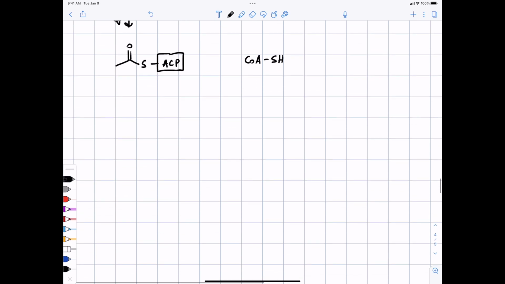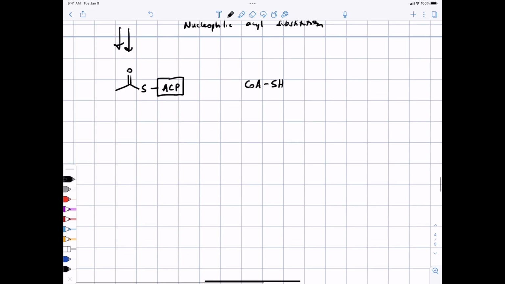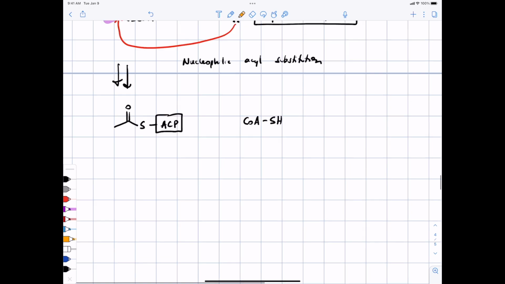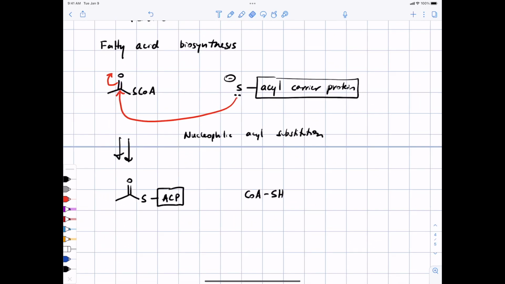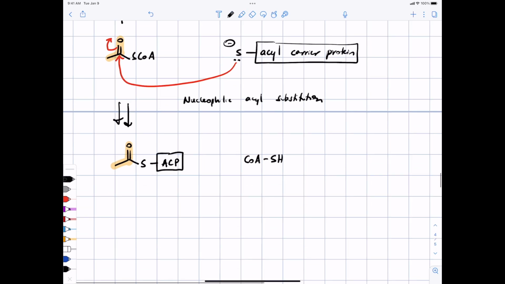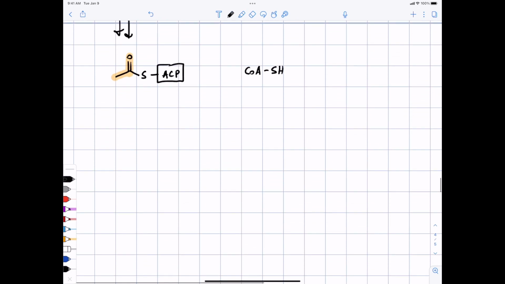All right, so now I need to introduce reactive partner number 2, the acetyl group on the acyl carrier protein. I guess I should have used the color orange because that's what we've been using for the electrophile portion of these reactions. This is going to be our electrophile. Now we need a nucleophile. And the nucleophile looks like this.